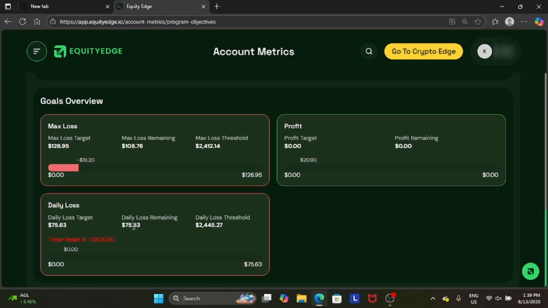But here's the thing. Daily loss is 75, right? But I think on this account, you're not supposed to risk more than 1% per trade. 1% per trade, of 2.5, isn't that $25?